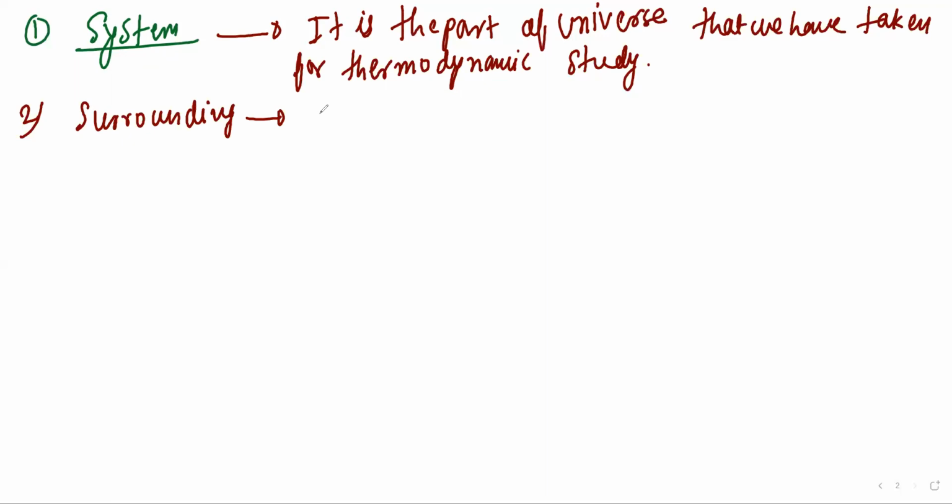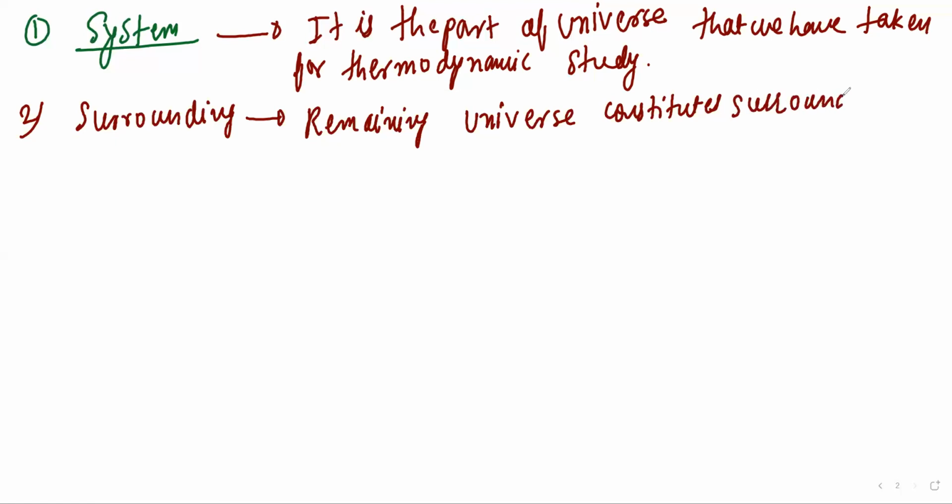Remaining universe constitutes the surrounding. The surrounding includes everything other than the system. System and surrounding together constitute the universe. By adding system and surrounding, what do we get? The universe.